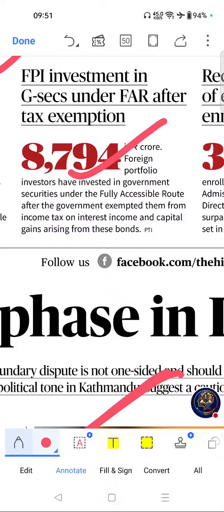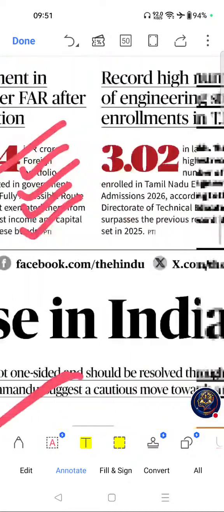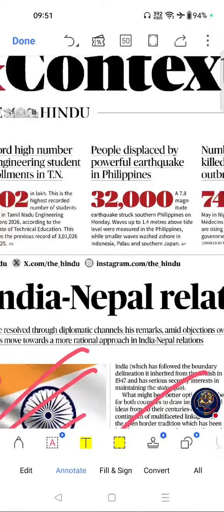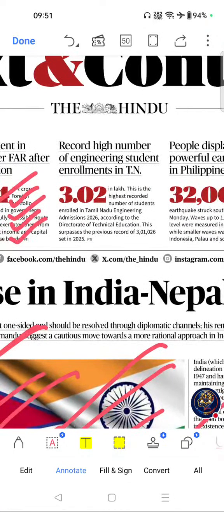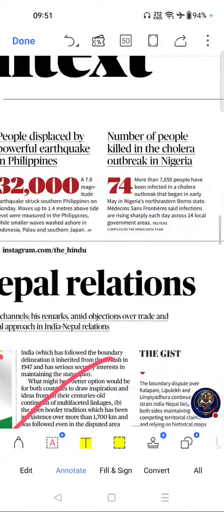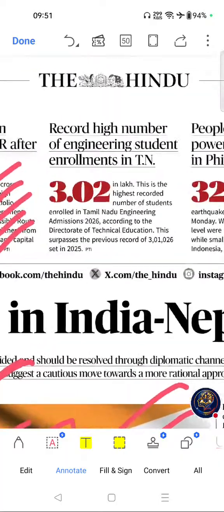If you see the exam relevance: government security, bond market, foreign portfolio investment, and capital markets. Next important data point was this one.